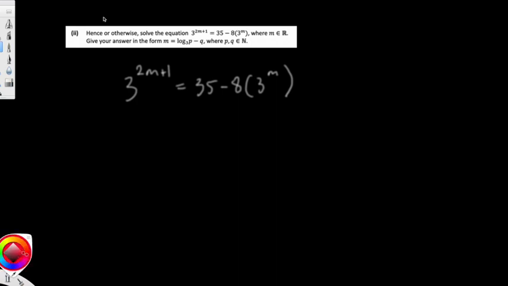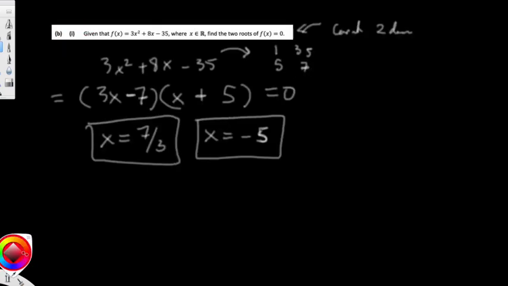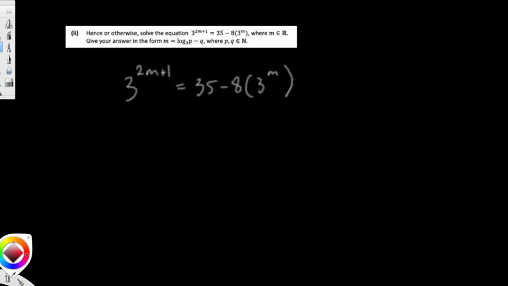Okay, so the next question, we're asked to solve this weird looking thing, 3 to the power of 2m plus 1 is equal to 35 minus 8 to the power of 3m. Now, I'd say you don't really have a method to solve an index equation like this, but what they've said here is the words hence or otherwise, which means that we have to take our answer from the previous part and use it over here.